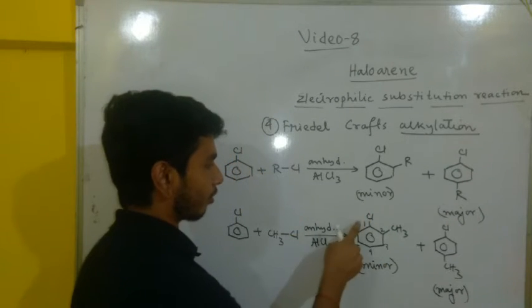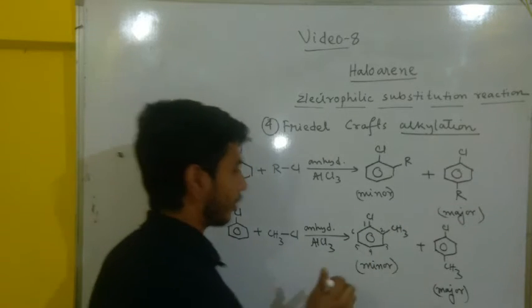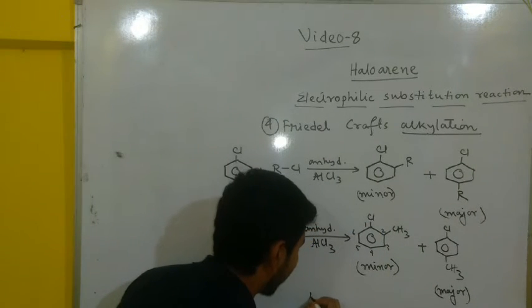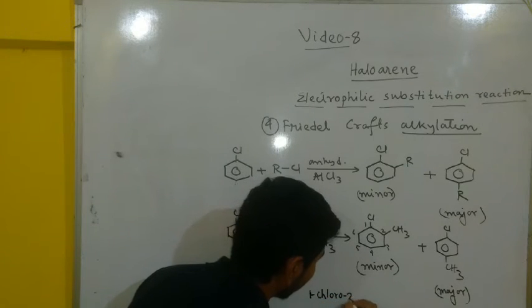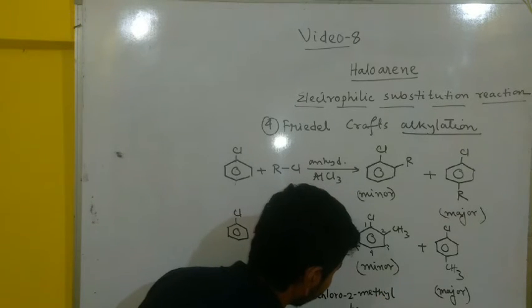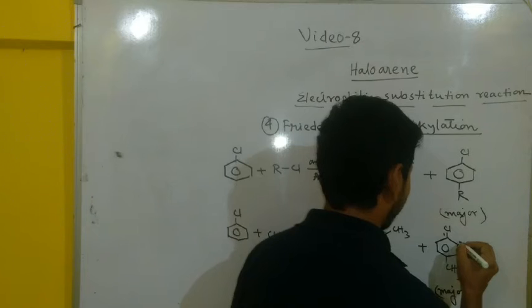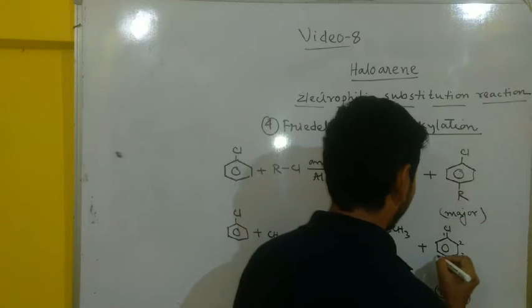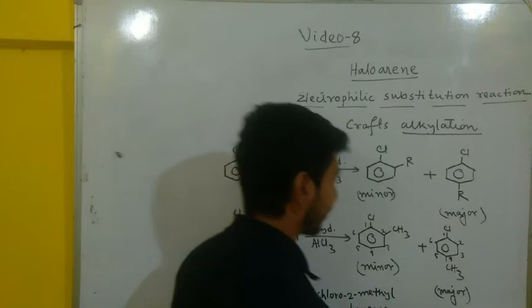So it is 1 chloro 2 methyl, not 1 methyl 2 chloro. So name is 1 chloro 2 methyl benzene. And the other is 1 chloro 4 methyl benzene.